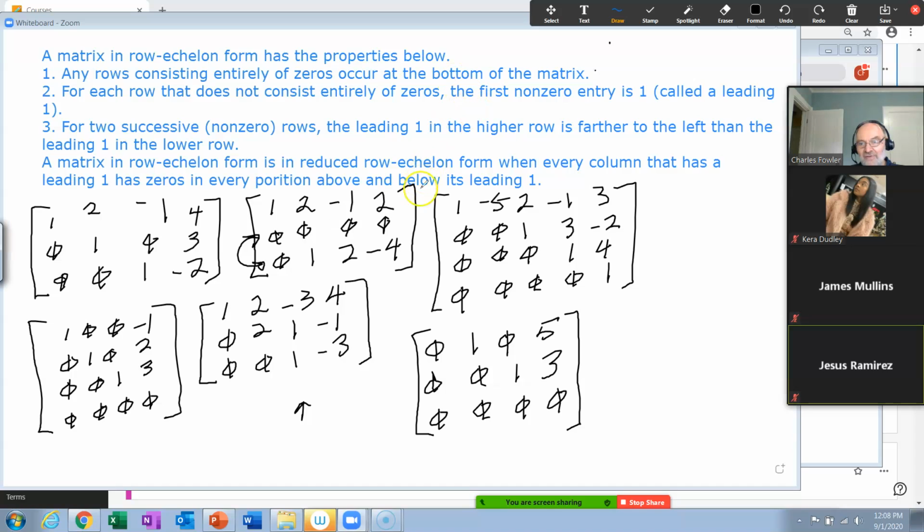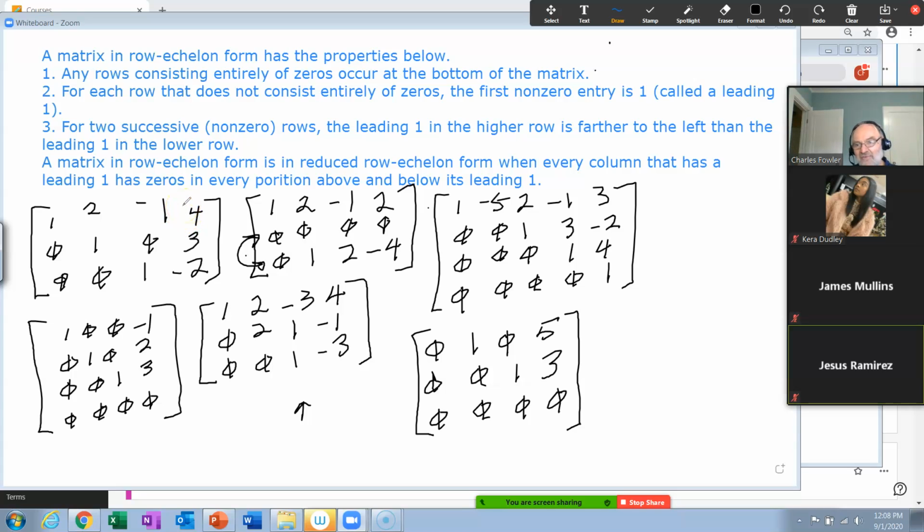Let's just imagine that first matrix up here, we've already got it in row echelon form. This would tell us z is equal to -2, y is equal to 3, and then plugging those values in here, x plus 6 plus 2 is equal to 4.